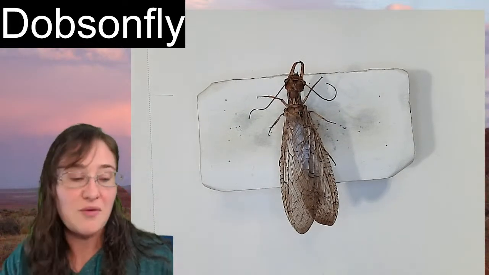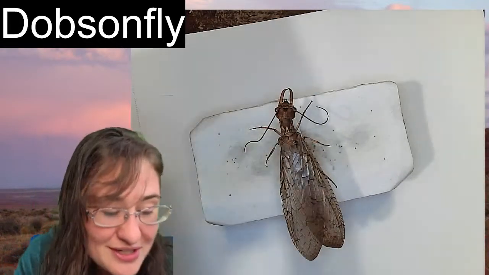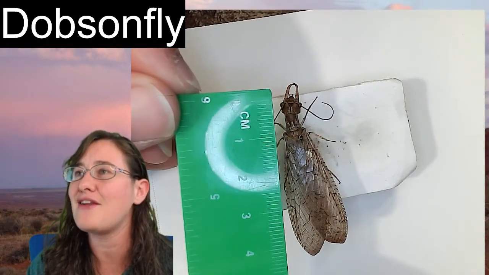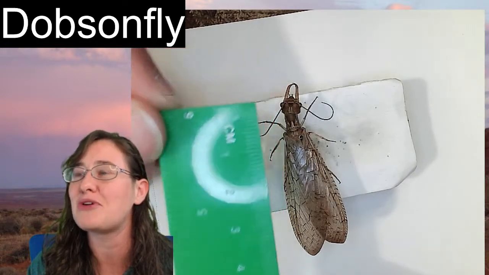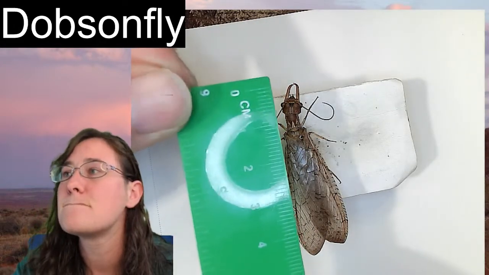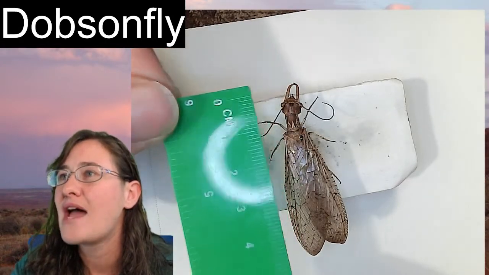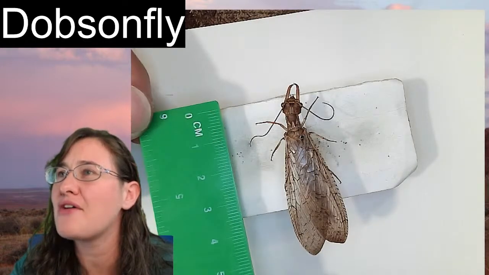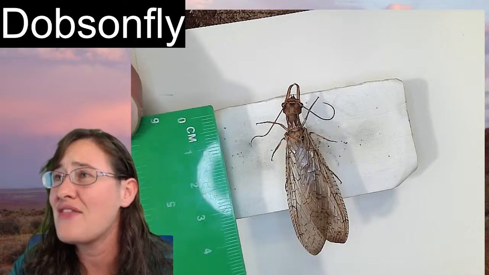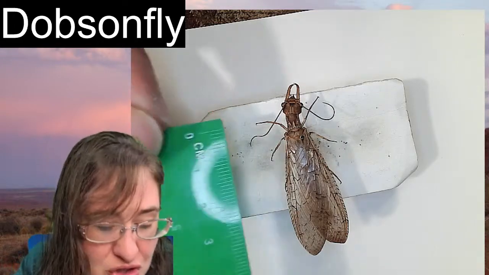Alright, we're going to put a ruler on it, and we're going to see what the length is. Should I measure it from the front of the head, or from the front of the mandibles? I guess I'm going to measure our Dobsonfly from the front of the head, and then if you want, I can also measure the mandibles.